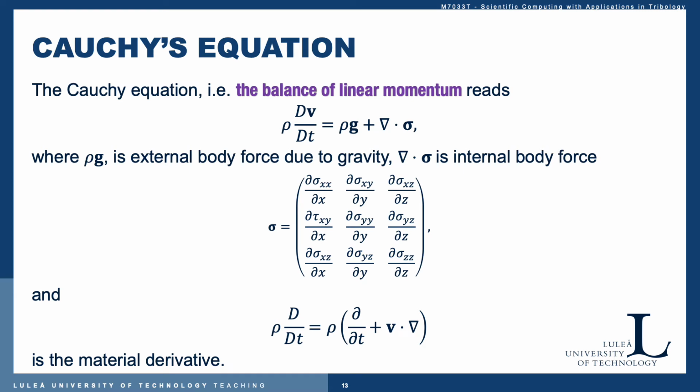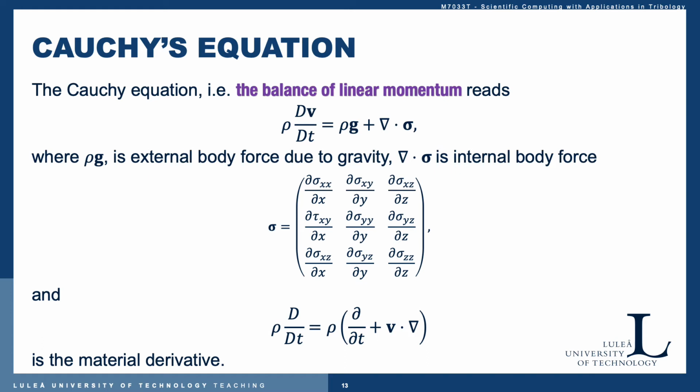So now, the Cauchy equation. We talked about the Cauchy stress, and the Cauchy stress sigma is included in the Cauchy equation, which describes the balance of the linear momentum. And it reads precisely like this, with the density ρ multiplying the material derivative of the velocity on the left hand side, and then ρ times g, which is the external body force.